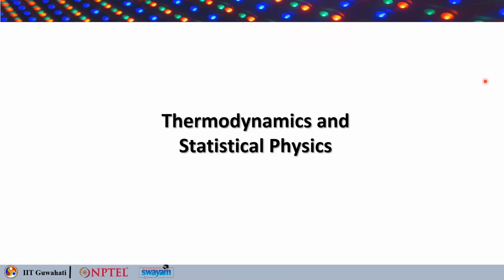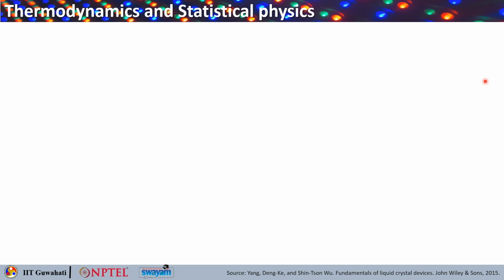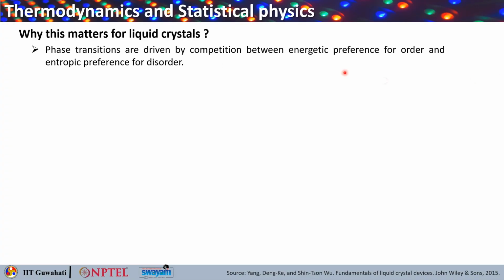So, with that, now we will have a brief look into some of the basic concepts in thermodynamics and statistical physics, because that will allow you to have some idea about how this phase change happens in liquid crystals. So, why does this matter for liquid crystals, this thermodynamics and statistical physics?